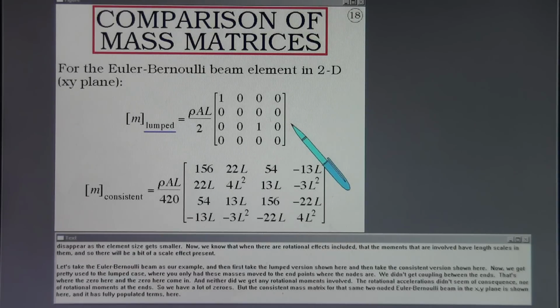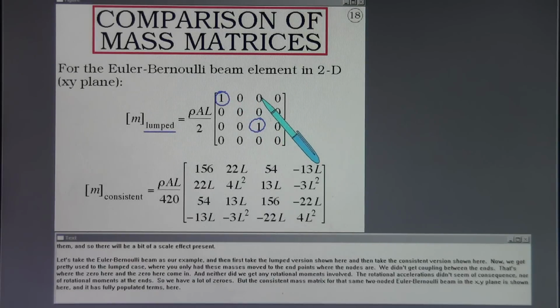Now, we got pretty used to the lumped case where you only had these masses moved to the endpoints where the nodes are. We didn't get coupling between the ends. That's where the 0 here and the 0 here come in. And neither did we get any rotational moments involved.